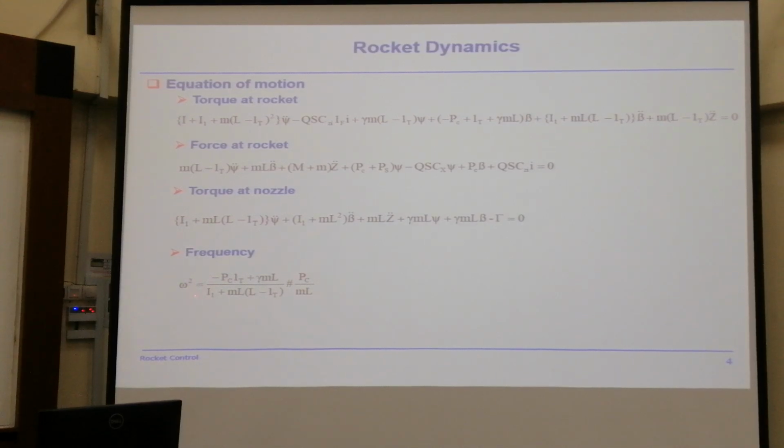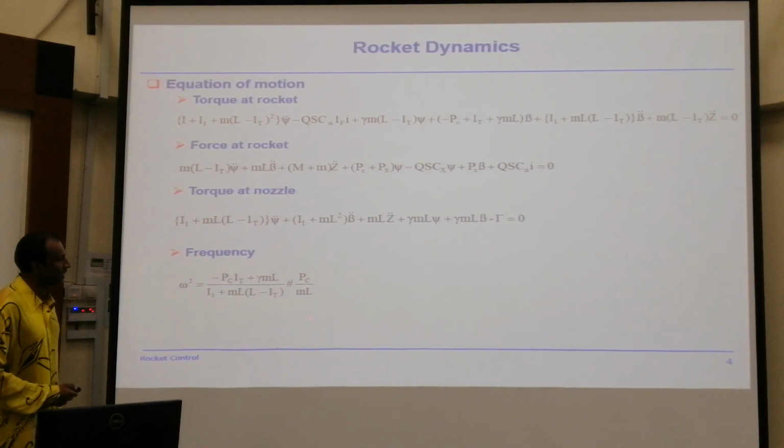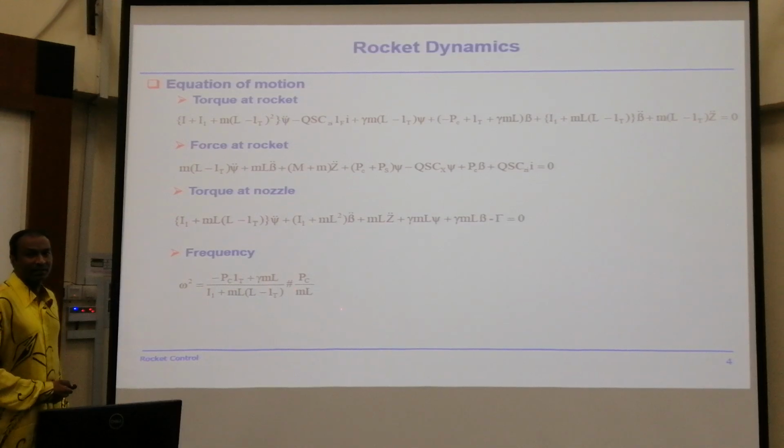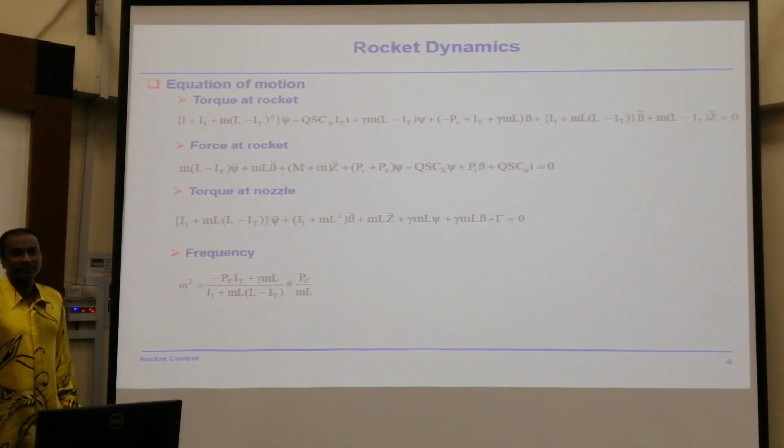Principally, what I can tell is that the frequency is basically governed mainly by these three quantities. And all these quantities are coming from the nozzle. This is the control thrust.